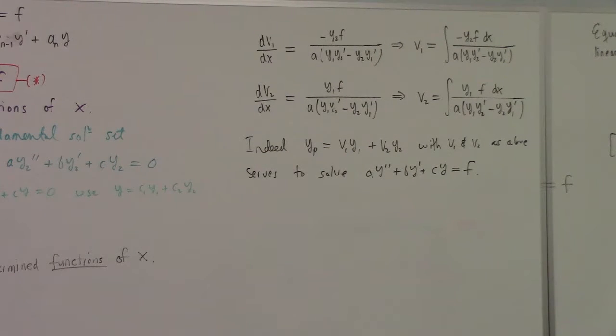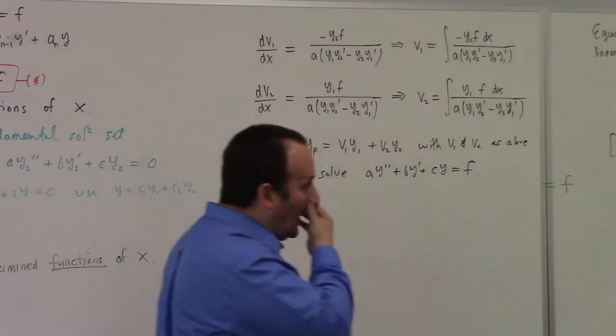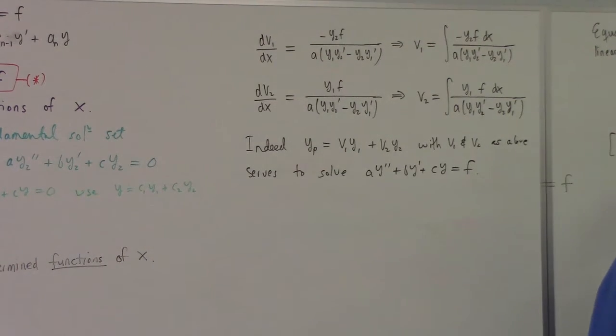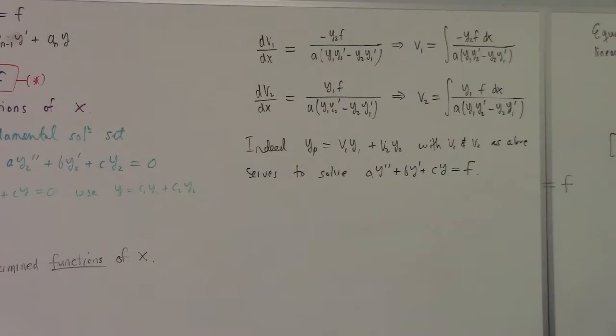Just wondering, we are now at a place where you could explain why you chose to set v1 prime y1 plus v2 prime y2 to 0. Right, because that becomes part of this equation, which we know we can solve. It's ultimately based on the fact that we know the Wronskian's invertible.